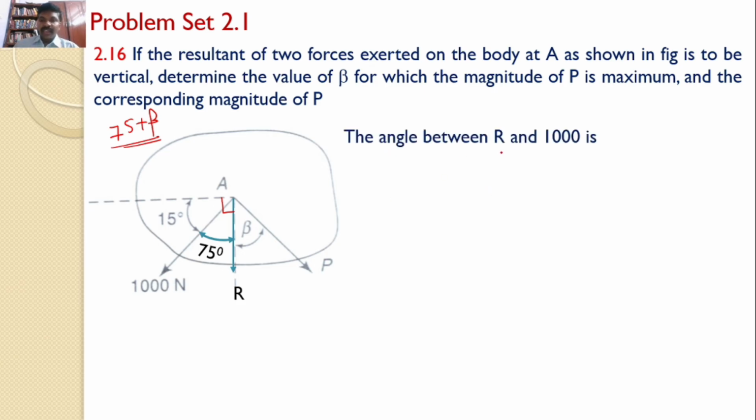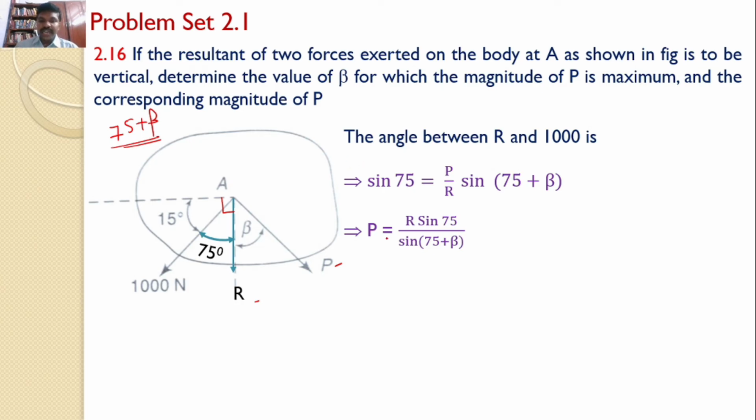The angle between R and 1000 newtons is 75 degrees. So you can write the equation as sine 75 is equal to P by R into sine 75 plus beta. You can rearrange this equation such that P is equal to R into sine 75 by sine 75 plus beta.